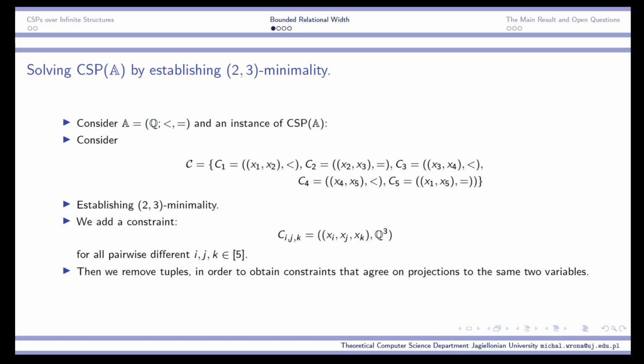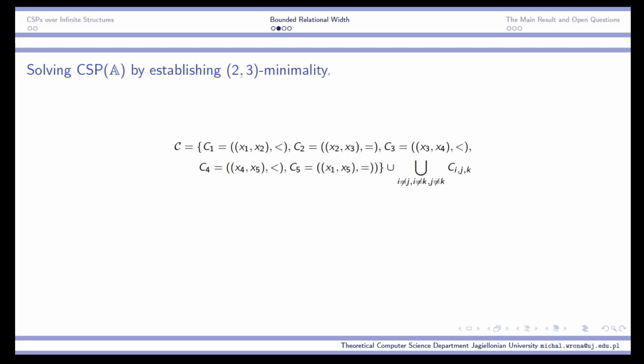And then we remove tuples in order to obtain constraints that agree on projections to the same two variables. And this two is the two from two-three minimality. So we added these constraints, and now we remove tuples.